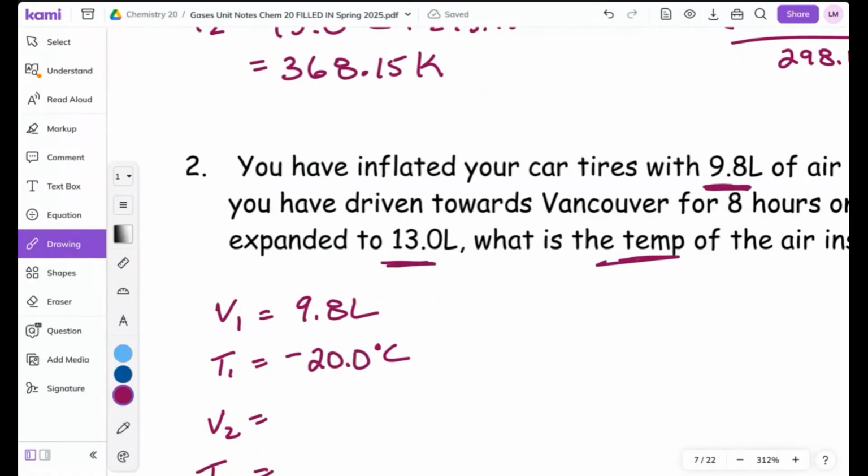So I'm just going to automatically convert that into Kelvin. So that's going to give me 253.15 Kelvin. Again, right now I'm not worried about sig digs because this is not a final answer.